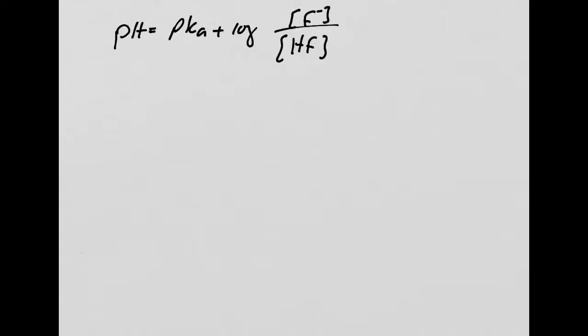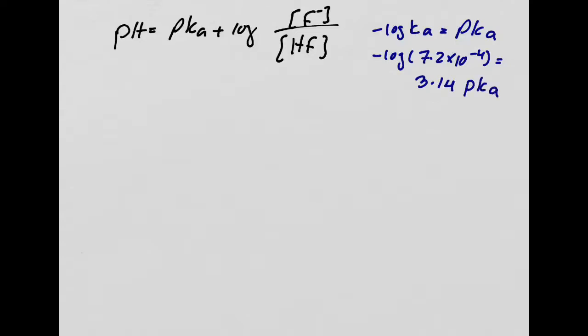I can do that. Now, I don't have the pKa, but I give you the Ka. Remember, minus log of Ka gives you the pKa. So I give you the Ka, that will be minus log of 7.2 times 10 to the minus 4. What I end up getting is 3.14. That's the pKa.